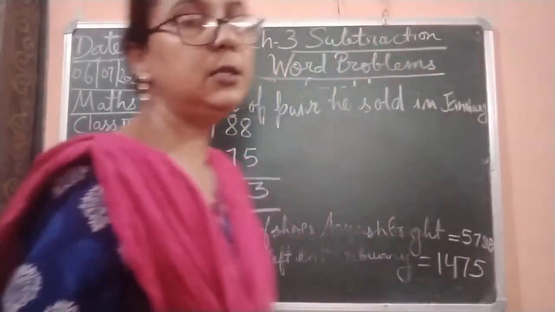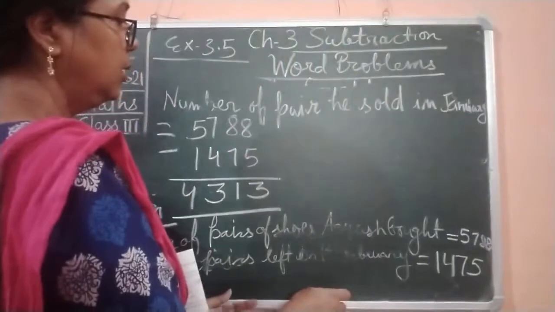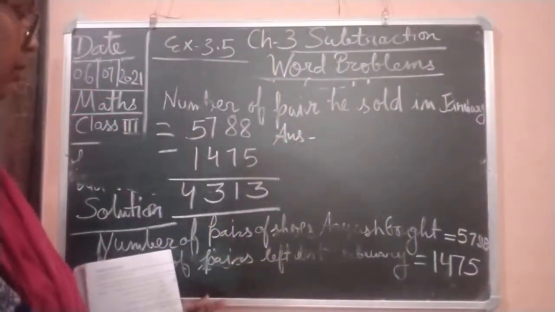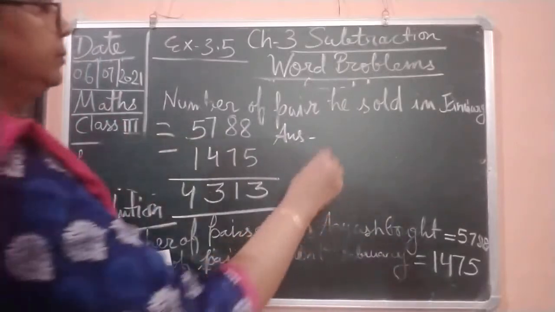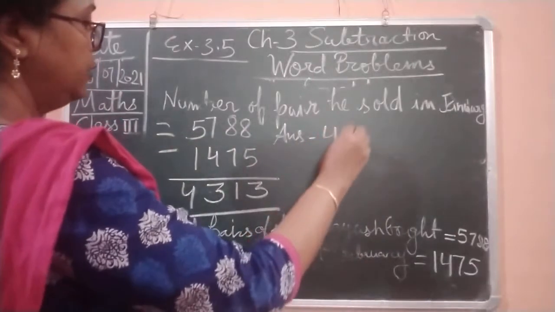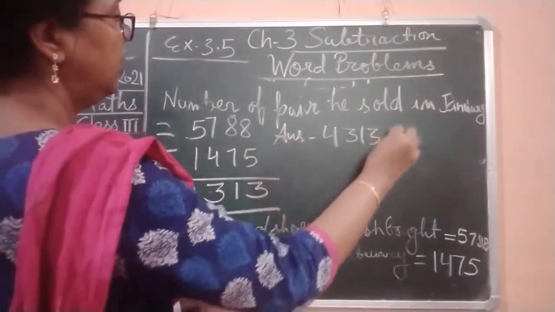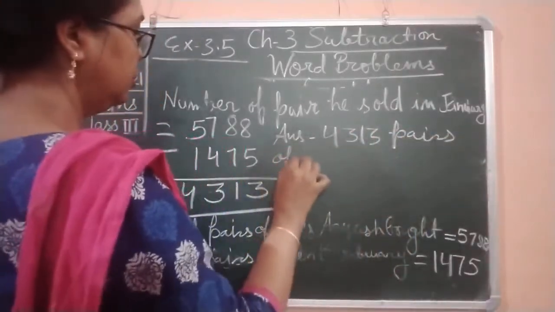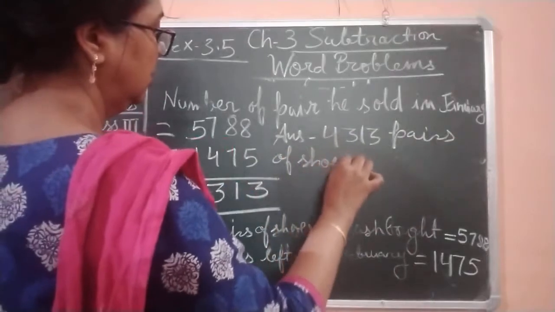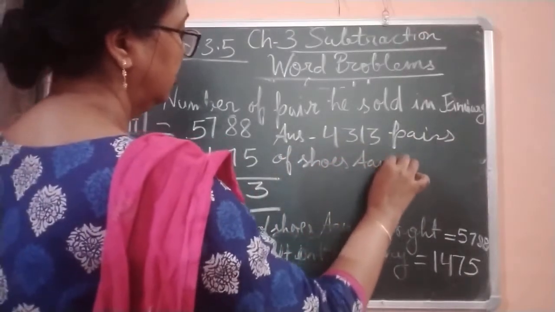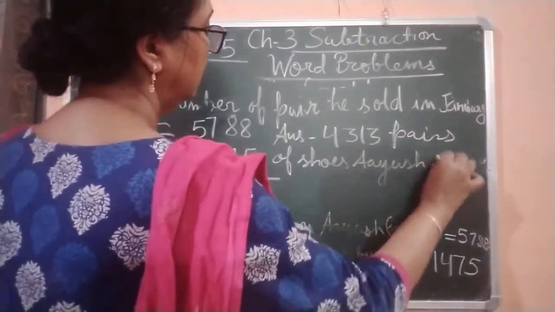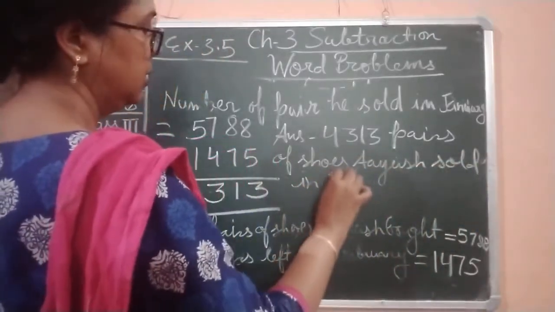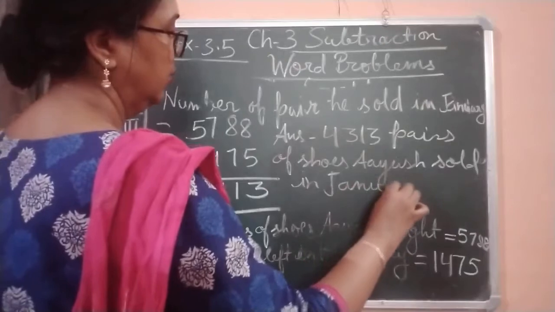I am going to write on the board. You can see the answer: 4,313 pairs of shoes Ayush sold in January.